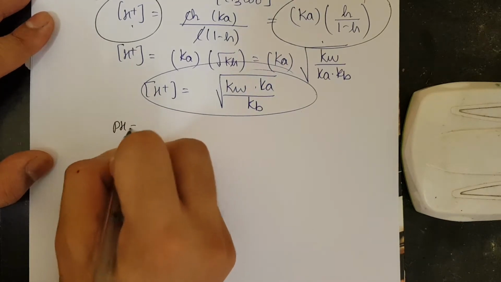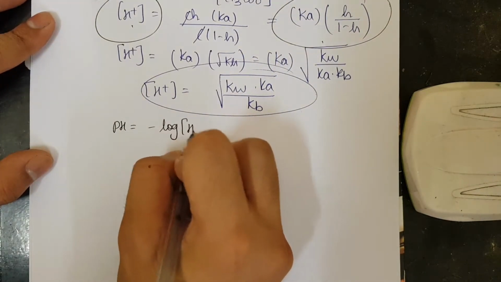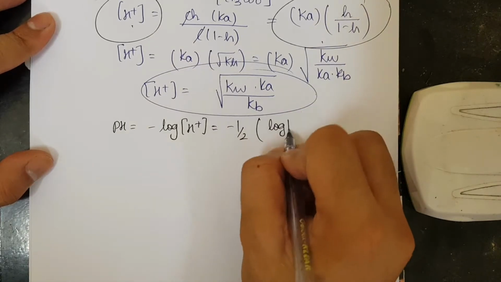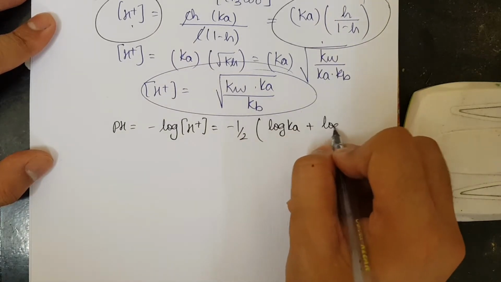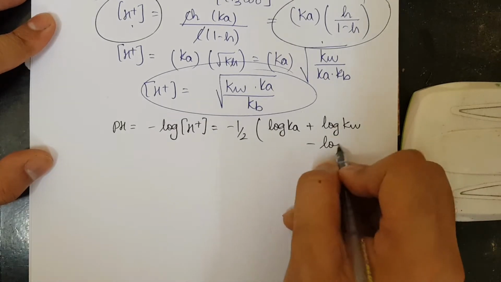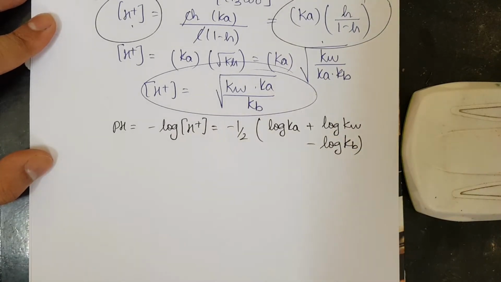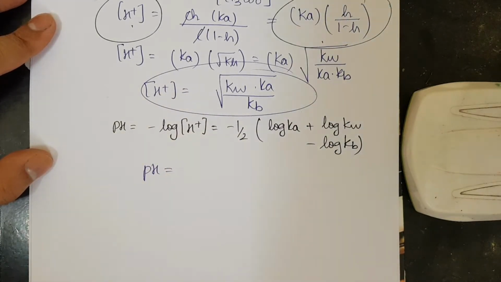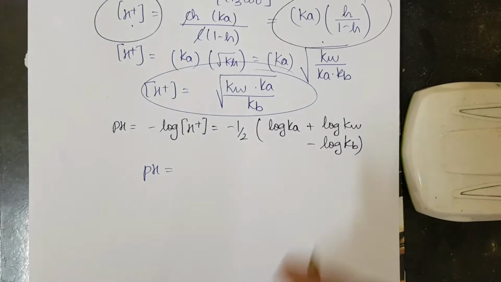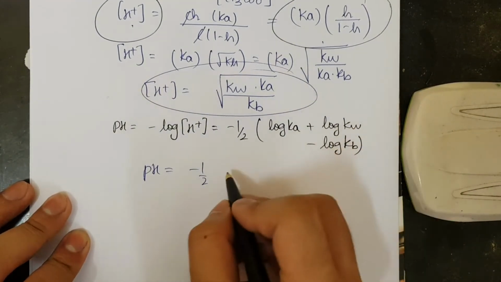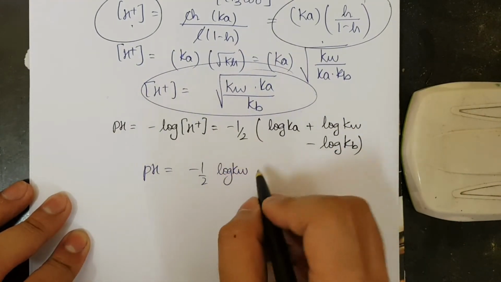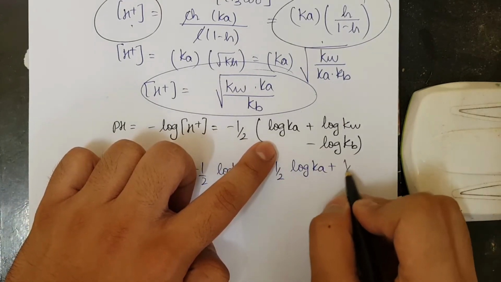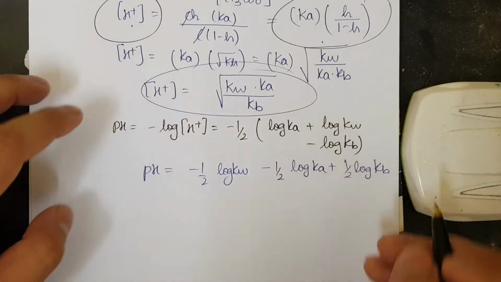So pH is equal to minus log of H plus. So that is equal to minus 1 by 2 log of Ka plus log of Kw minus log of Kb. Now see very carefully what is going to happen. So minus 1 by 2 log of Kw is taken outside, minus 1 by 2 log of Ka plus 1 by 2 log of Kb comes into consideration.